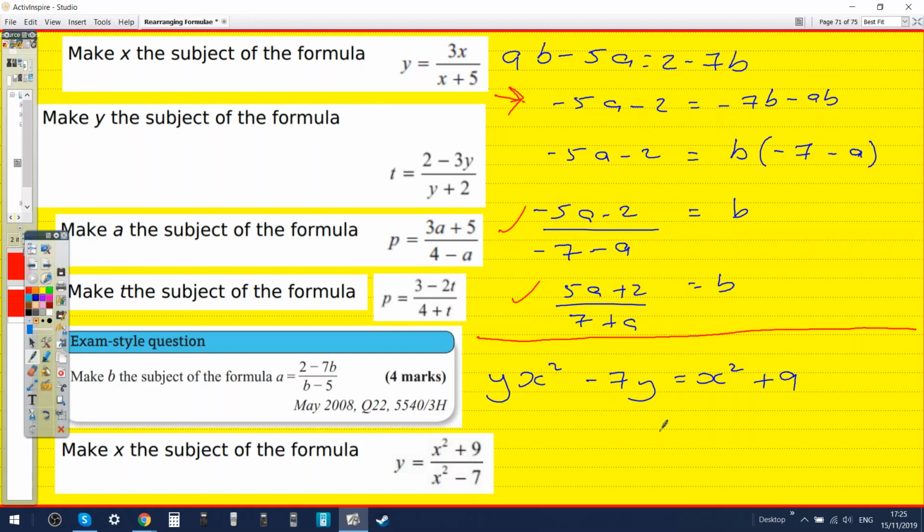Then we do minus 9 on both sides and minus yx squared on both sides. So we get minus 7y minus 9 equals x squared minus 7x minus yx squared.